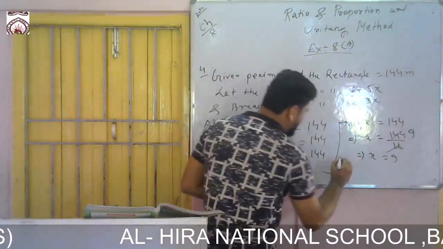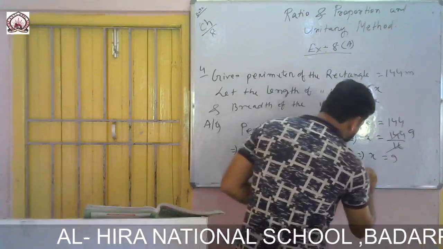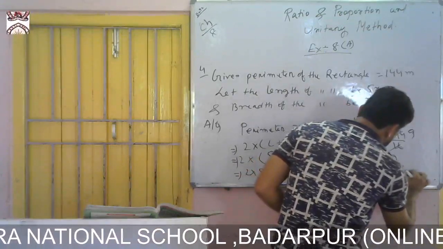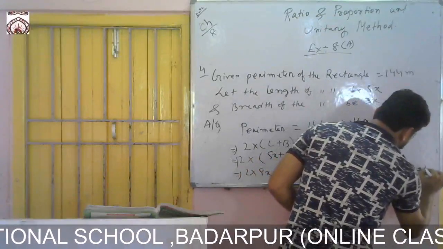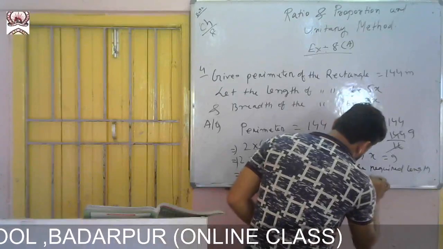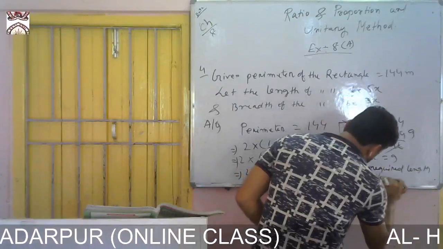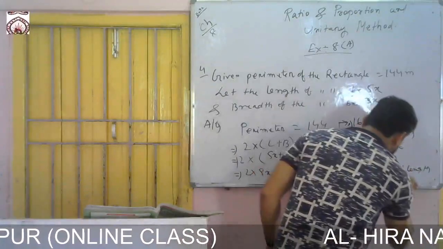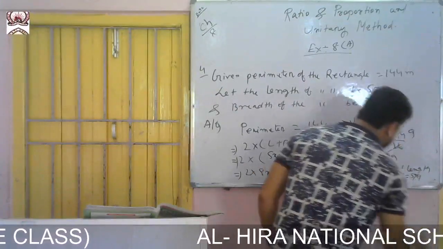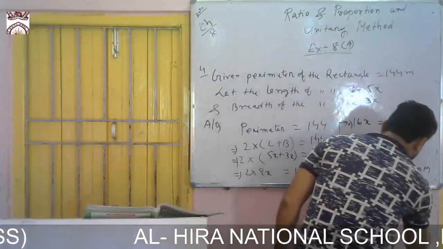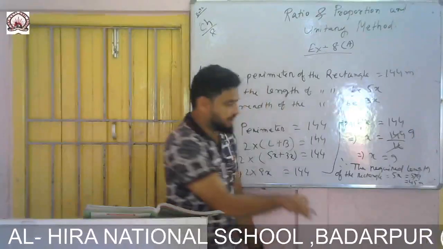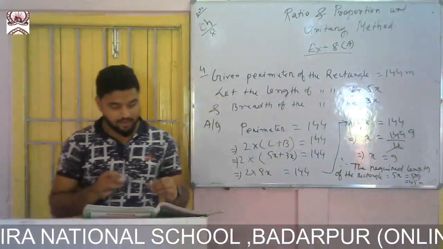Therefore, the required length of the rectangle equals 5x, that is 5 into 9, that is 45 meter.